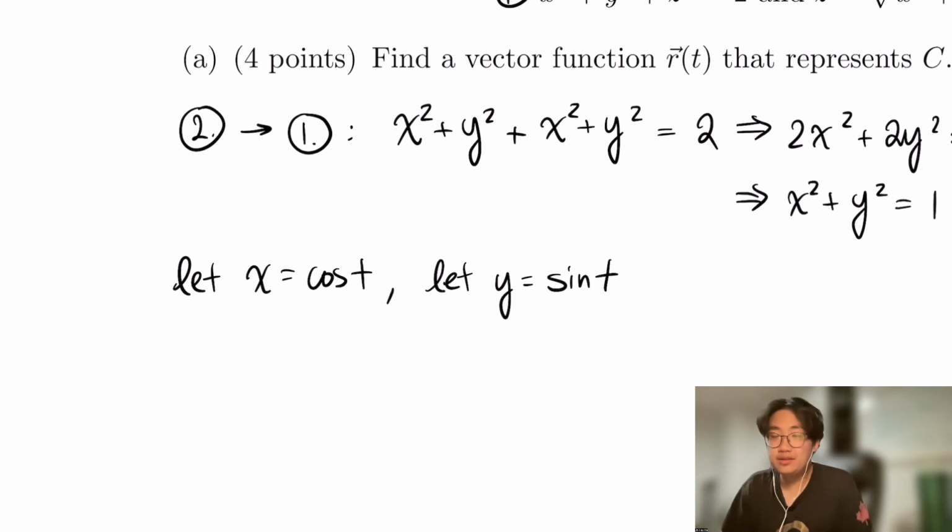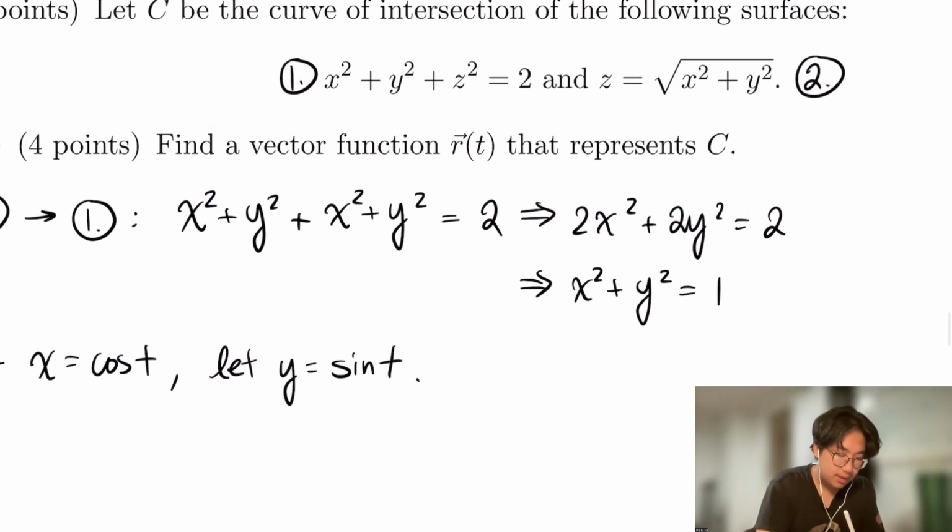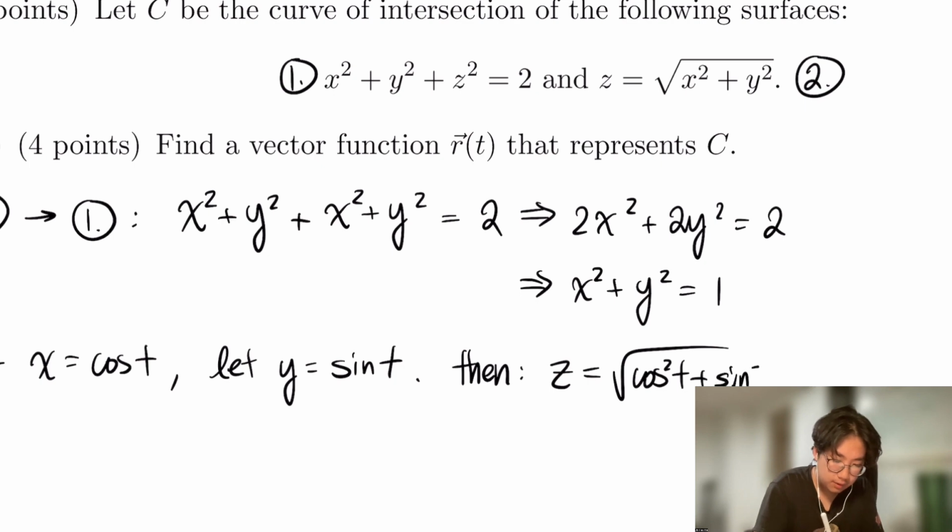And then from here, we still need to find some kind of parametrization for z using x and y. But the good thing is we have that right over here. So plugging this in, we can say z is equal to the square root of cos squared of t plus sine squared of t. I'll draw a bigger square root sign.